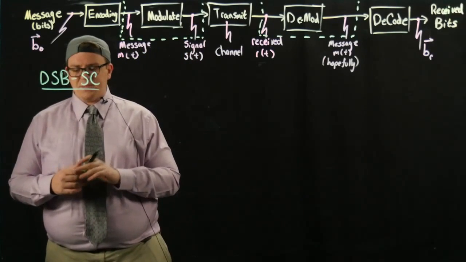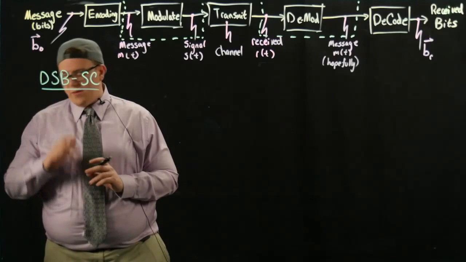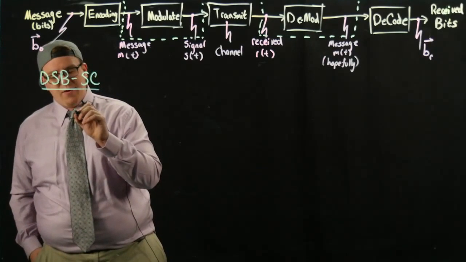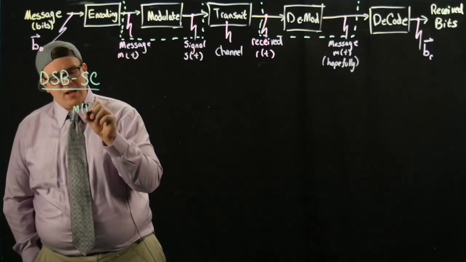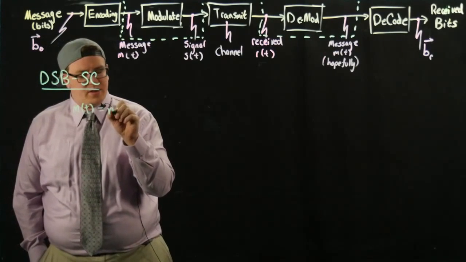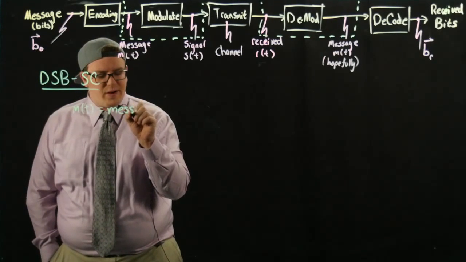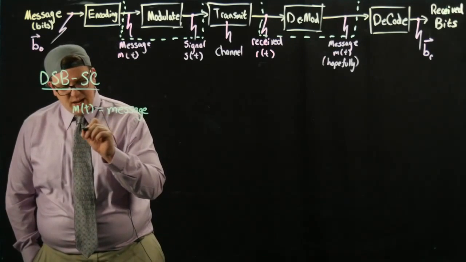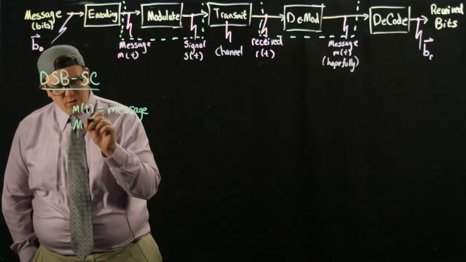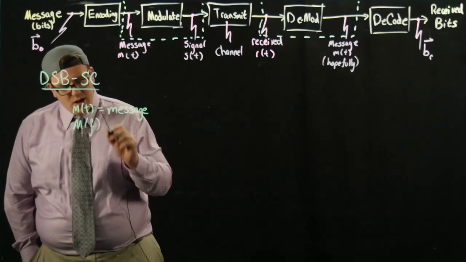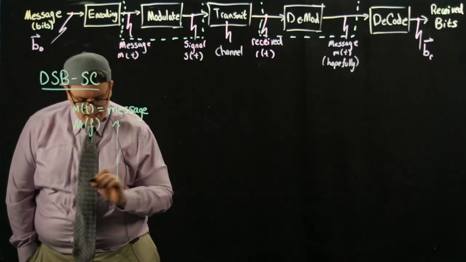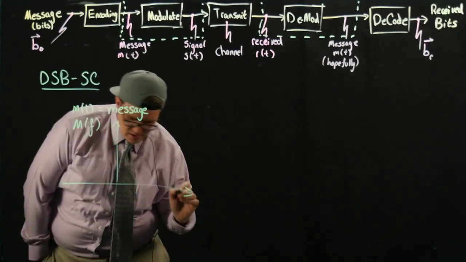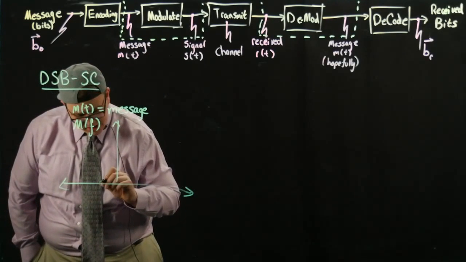So DSB-SC is really fairly easy to talk about. We have a message, M of t, as just some general signal. It could be any voltage varying signal. But for simplicity's sake, I'm going to say that if we take the Fourier transform of M, we're going to end up with just a single triangle.